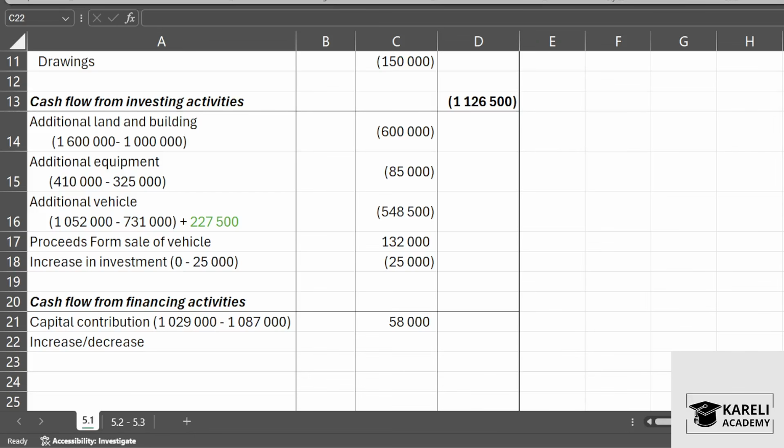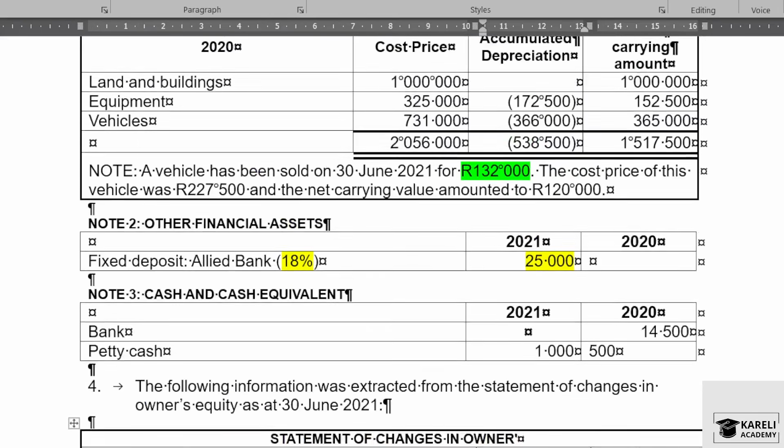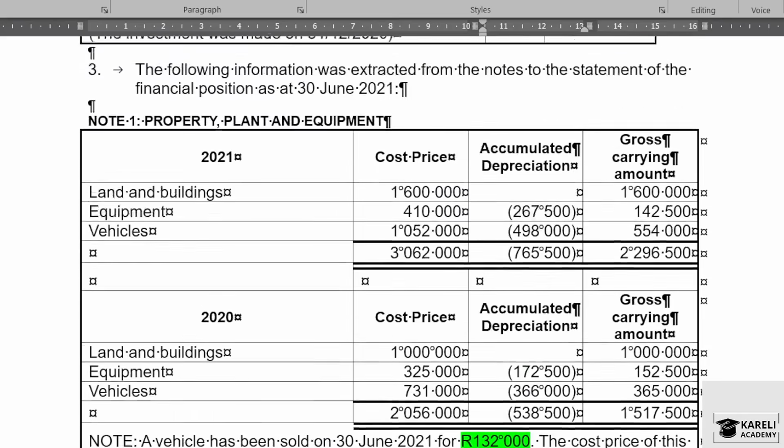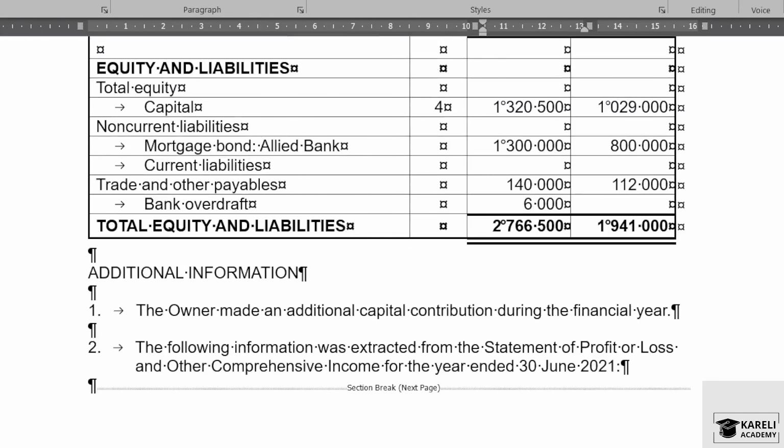And then we check our loan, whether our loan was an increase or a decrease. Now, where do we get the loan? We get the loan from the statement of financial position. There it is, mortgage bonds.